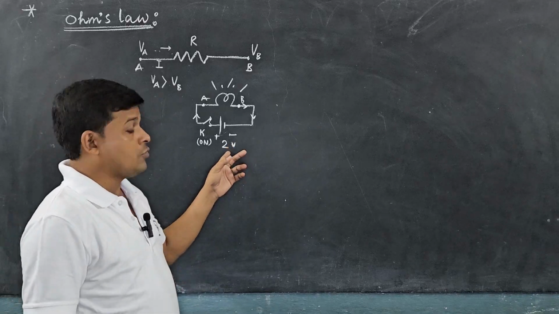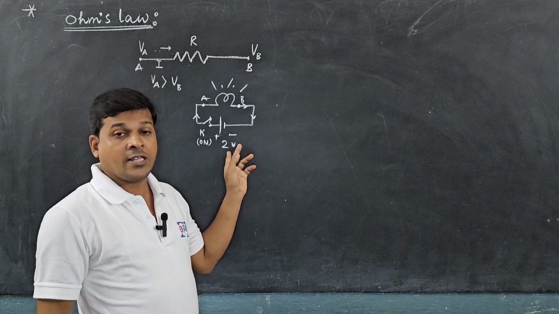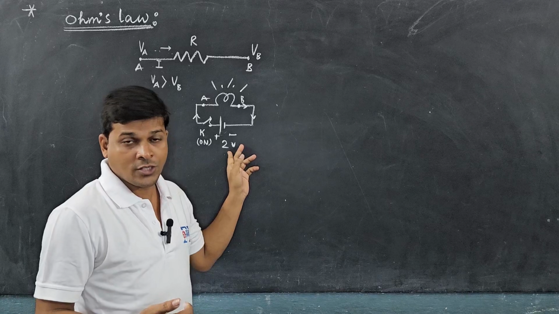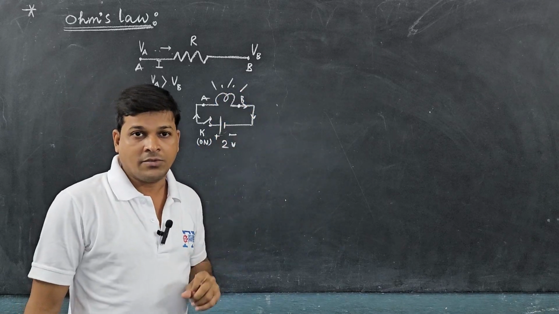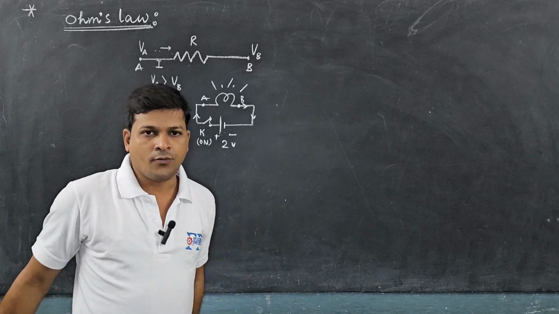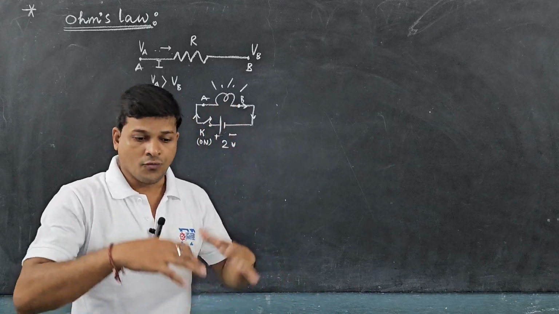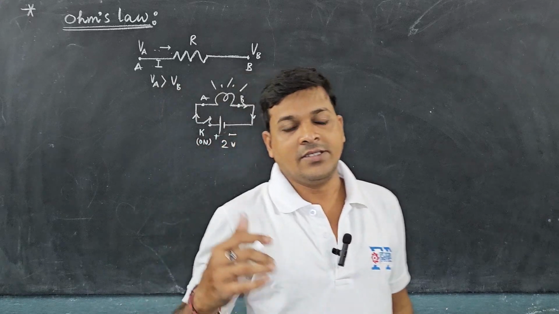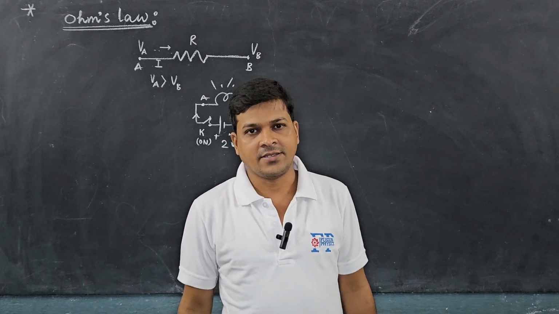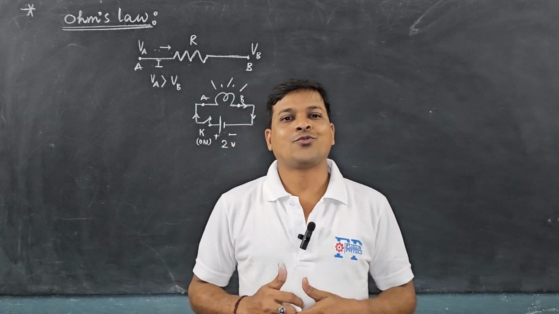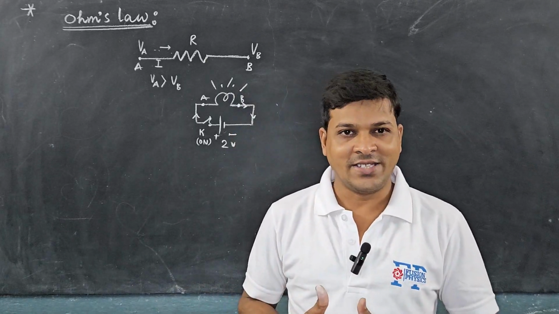If we replace this 2-volt battery with another battery of 3-volt potential difference, then you see that more light is emitted by the bulb. That means more electric current flows, as a result the bulb glows better. This shows that when the potential difference increases, the electric current through the conductor also increases.